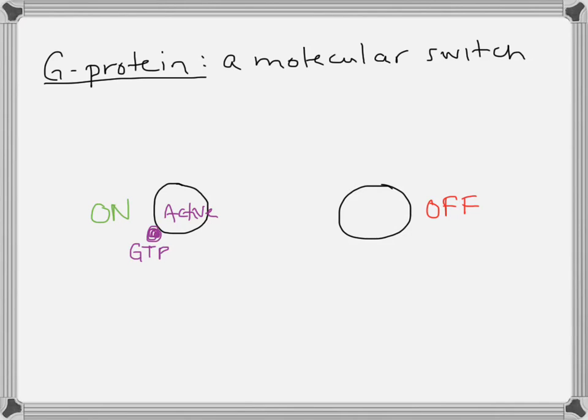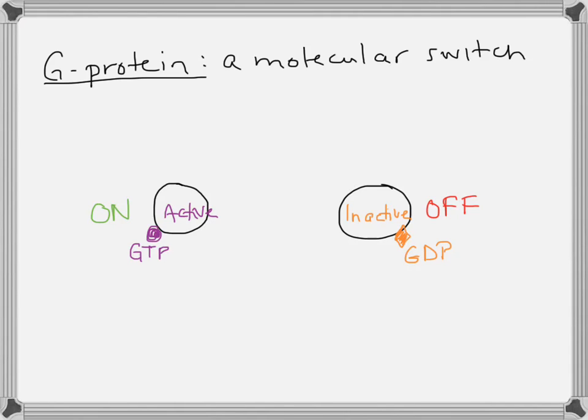And so as we saw in the last slide, when the G protein is active, it can go on and activate other proteins such as enzymes. However, when the G protein is bound to GDP, similar to the lower energy molecule ADP found within the cell, that puts the G protein into an inactive or off state.